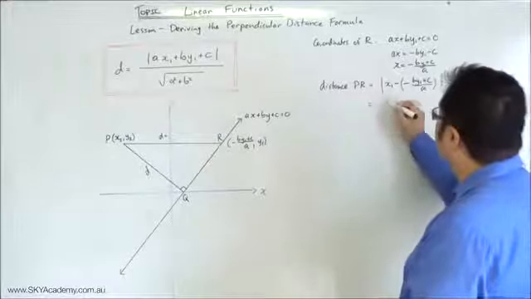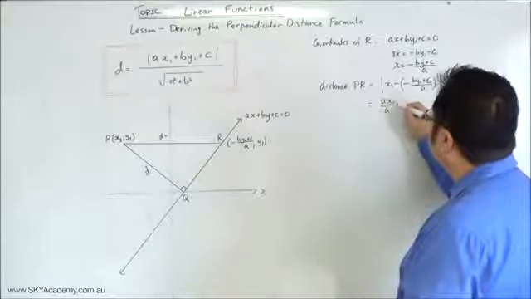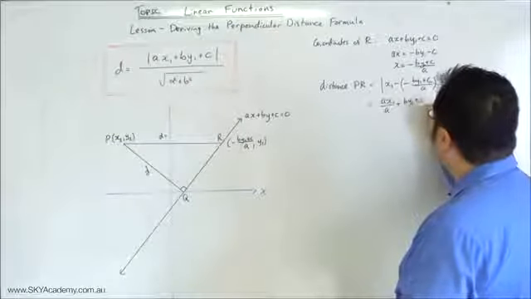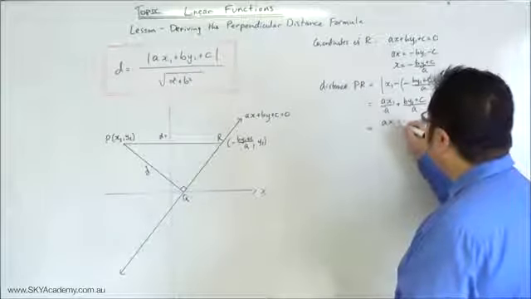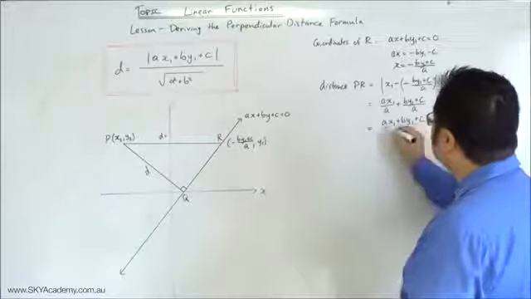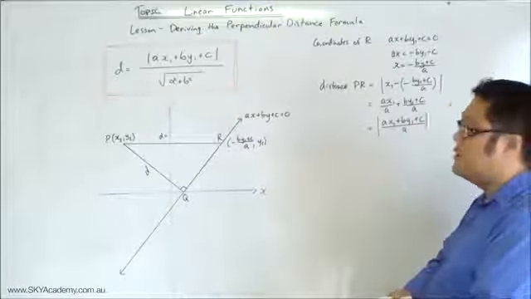So let's work that out. It would be a x1 over a plus b y1 plus c all over a, which would be a x1 plus b y1 plus c all over a, and it's the absolute value of that. Does that make sense?